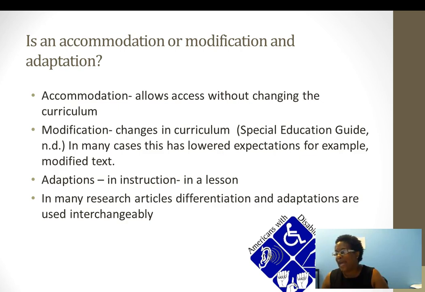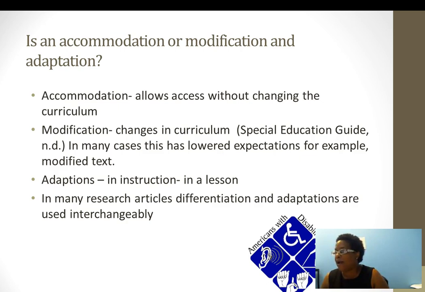So it's really looking at what's happening inside the learning unit, the learning that we want students to have, and we're not changing the curriculum. Students are in the same curriculum, and we're meeting the needs of diverse students.